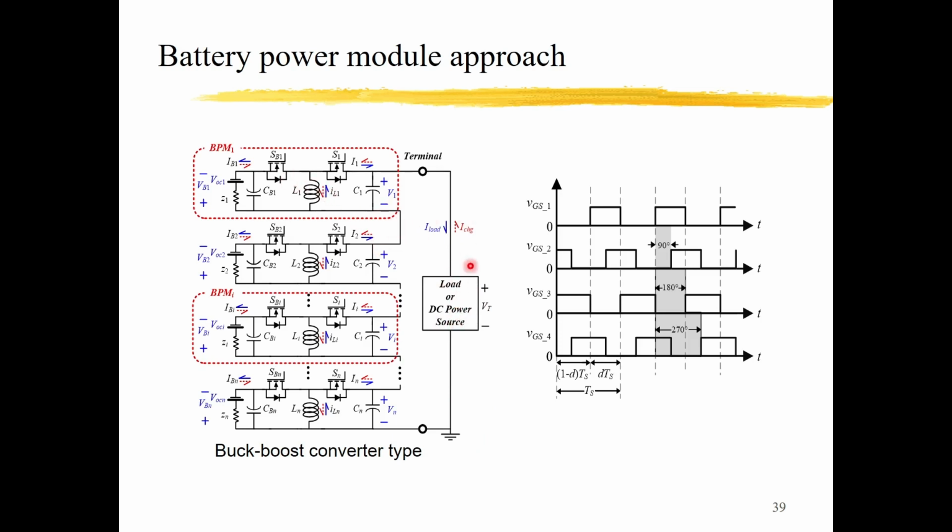If we want to discharge the batteries, of course, when the SOC of the battery is higher, then we just operate the converters to discharge more from that battery.